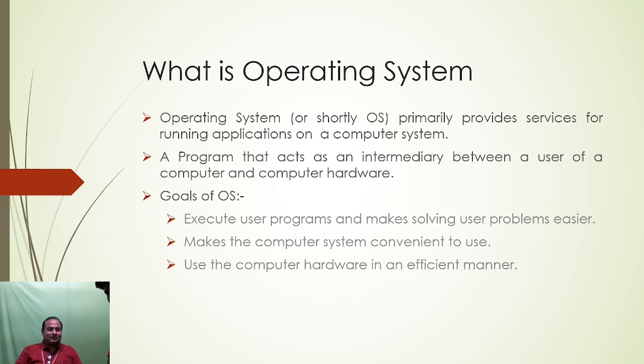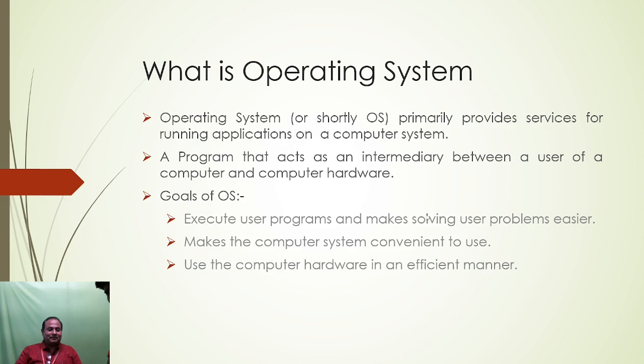So the OS acts as an intermediate between the user of the computer and the computer hardware, as well as the application installed in the system. The main goal of the operating system is that it executes the user program and solves user problems more easily.